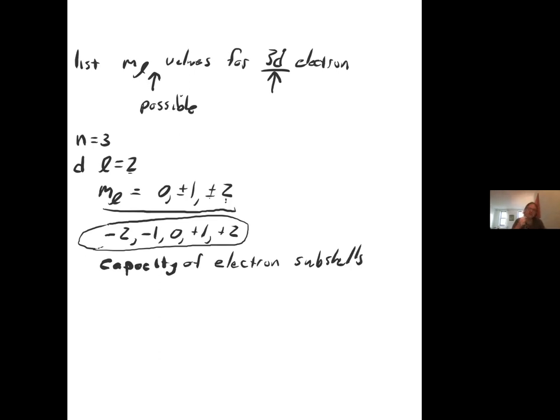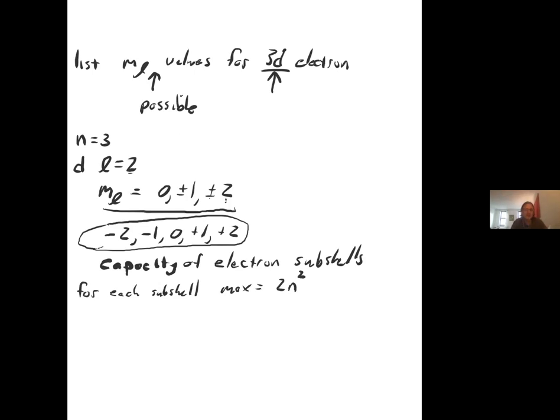It's actually relatively simple, so I'm going to give you the answer to that. It's 2n squared. For each subshell, the max is equal to 2n squared. So you just take the value of n, okay?